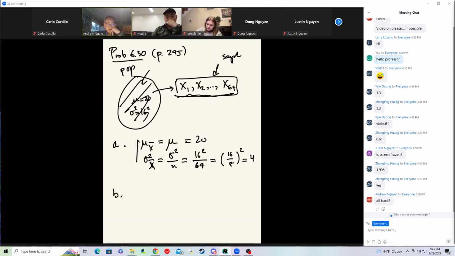Part B, describe the shape of the sampling distribution. So X bar would vary from sample to sample. X bar would take so many possible values. Okay, in this case, sample size 64, there's no way for me to construct the table like we did earlier.